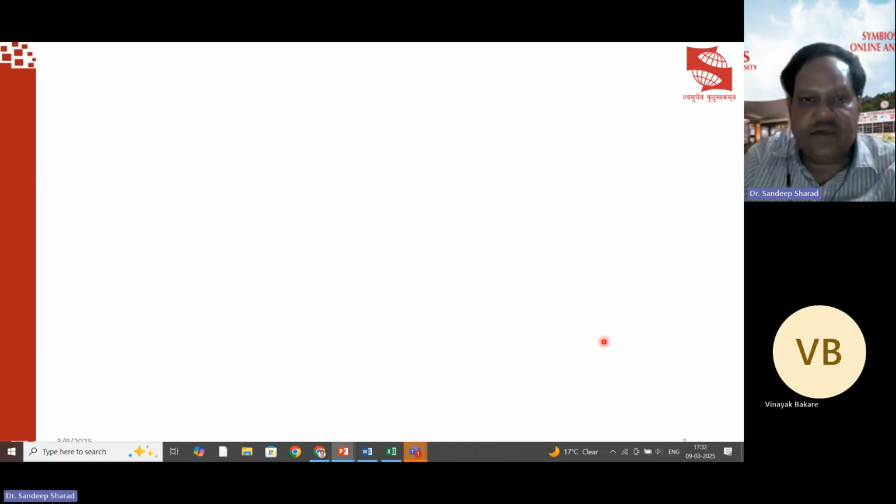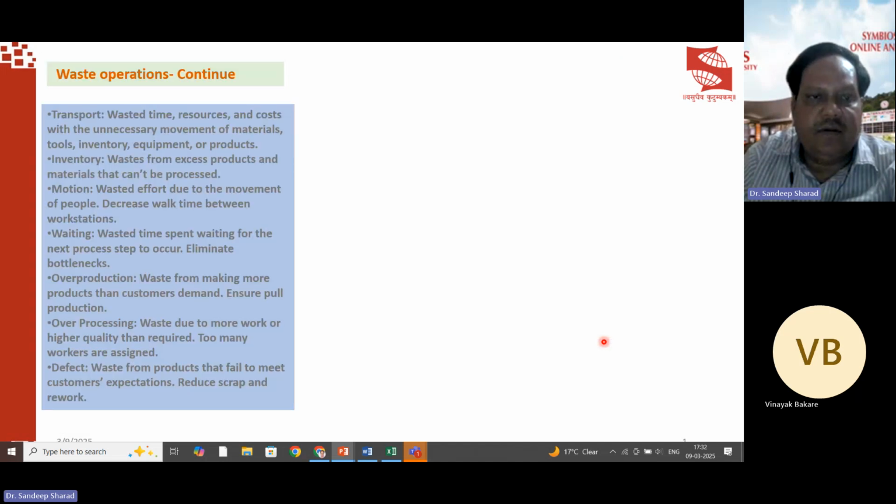Waste elimination: transportation wastes time, resources and cost with unnecessary movement of material, tools, inventory, equipment or products. Inventory waste comes from excess products and materials. Motion is wasted effort due to the movement of people; we can decrease work time between workstations.